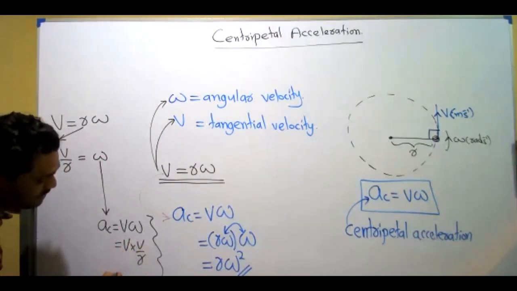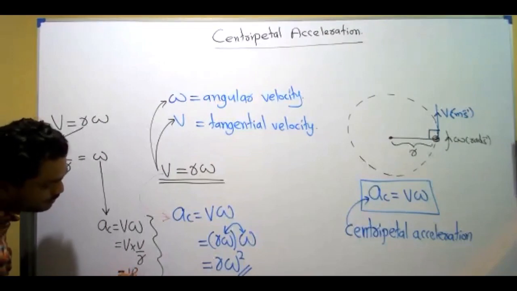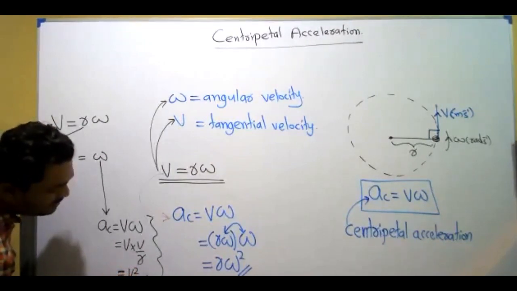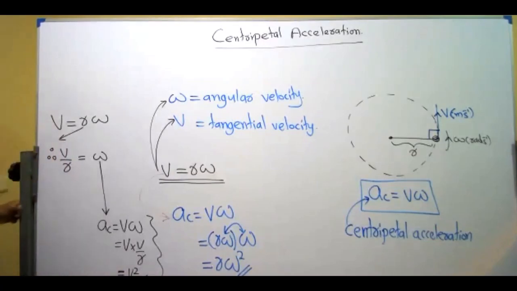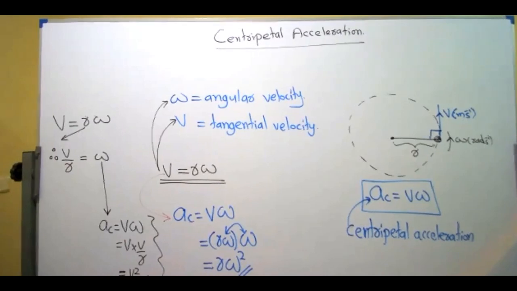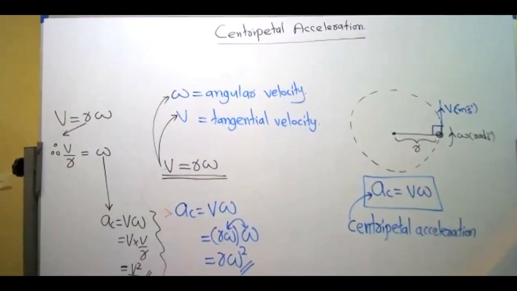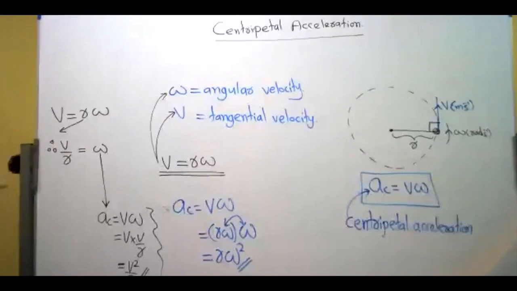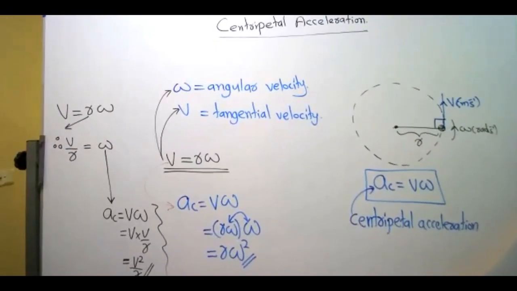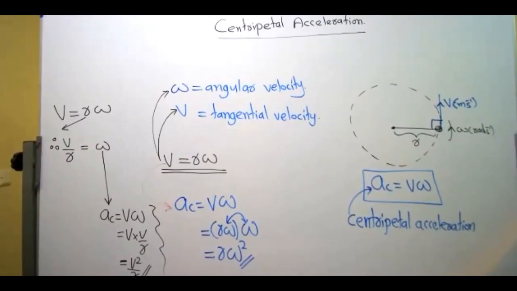Now, what is v into v? Lamai? v squared. So this is the most widely used form of the centripetal acceleration equation, that is v squared over r. Write it here: a_c equals v squared over r.